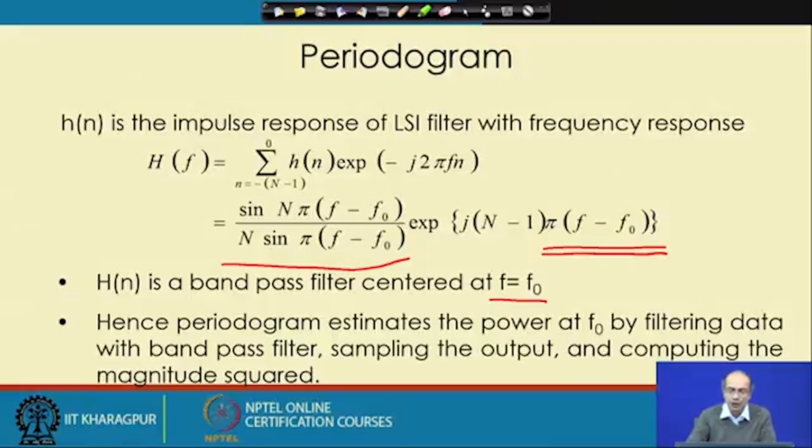That means we are getting the energy at f equal to f 0 if we apply a particular band pass filter centered at f equal to f 0. So, we get some idea of what we are expected to get out of our data.